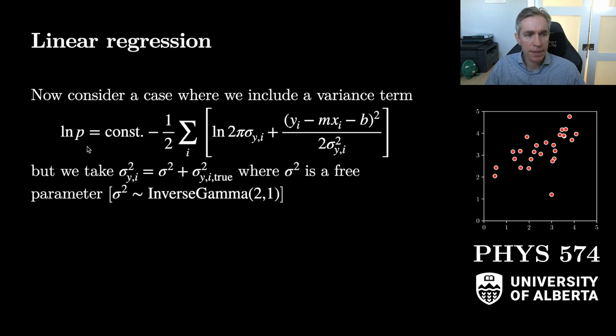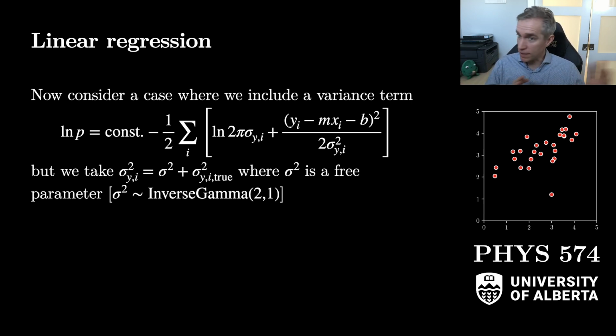And then we'll use our standard log probability model for linear regression, with the idea that this term here can blow up, or increase, because of this free excess variance term.